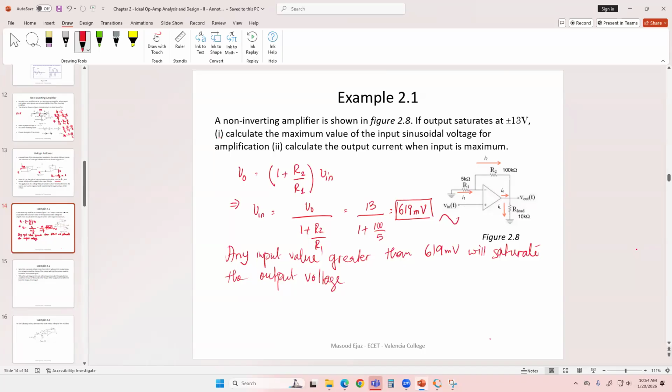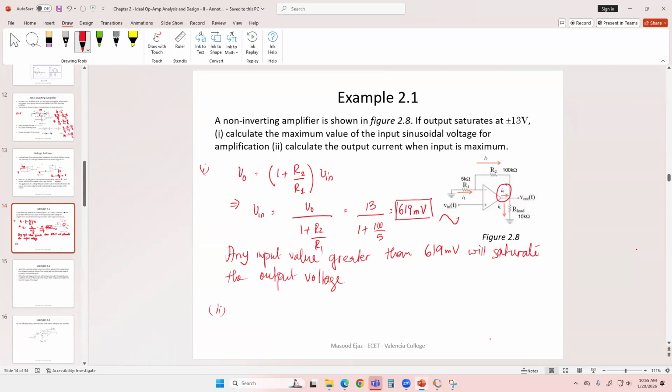Calculate the output current when the input is maximum. That is when the input is 619 millivolt. What is the value for the output current I out? This is I out right here. This is part two. Okay, so what is the value of this current when the input voltage is 619 millivolt?